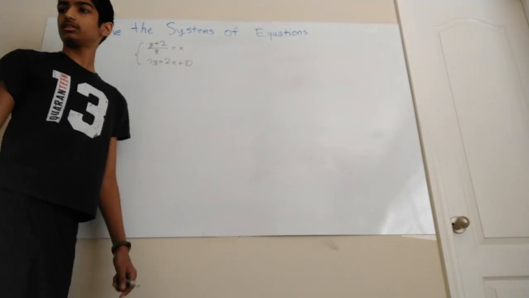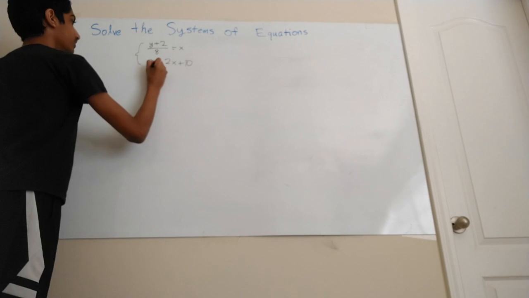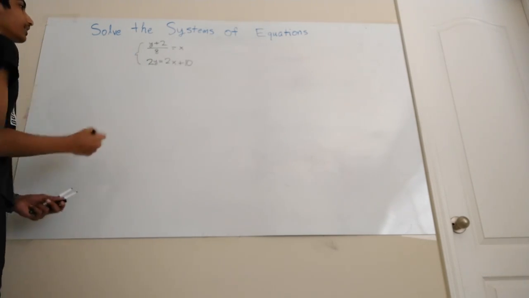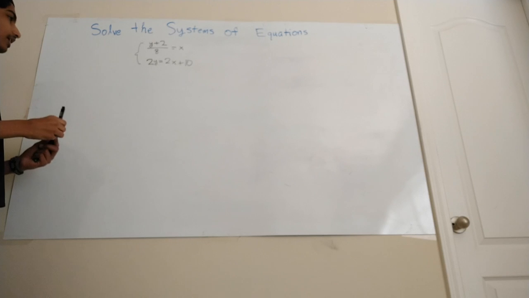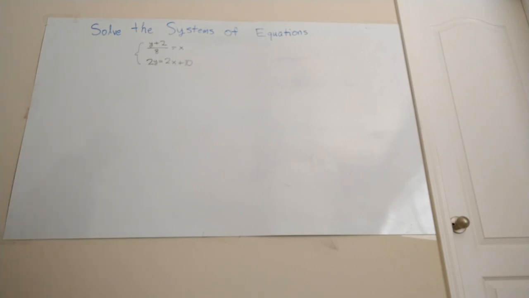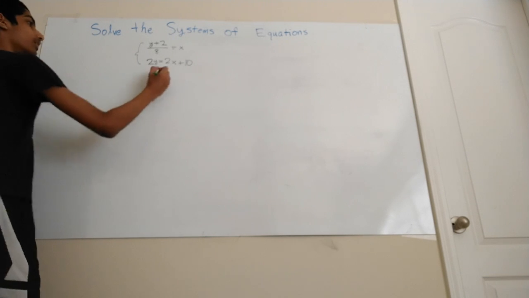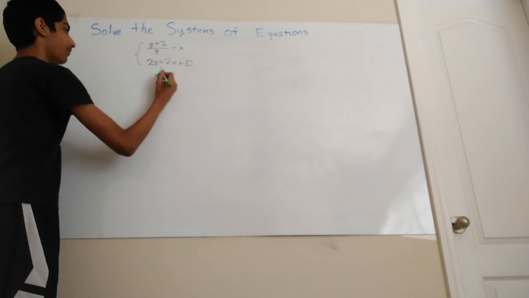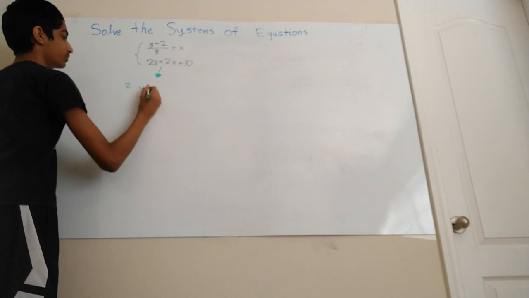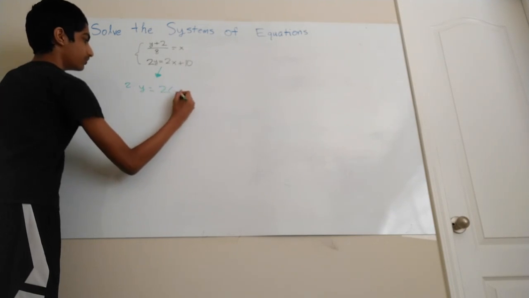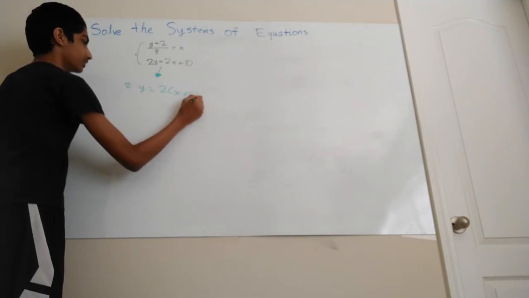Okay, so now let's solve the equations in terms of y. At first thought, the first equation might look easier to deal with, but actually the second equation is easier because, as we said before, it's basically 2 times y equals 2 times (x + 5).